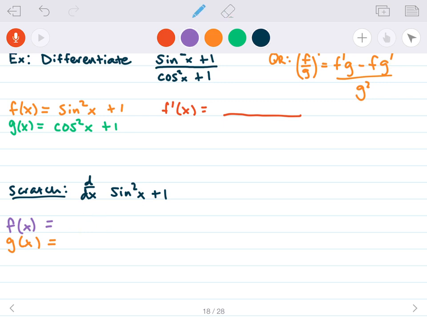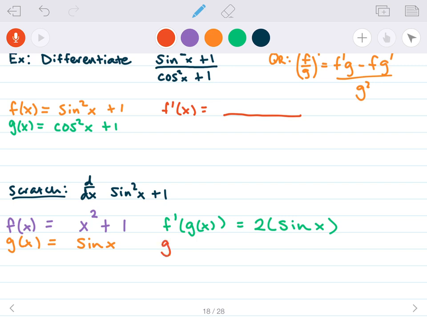You can easily take the derivative of that. And our inner function, what am I plugging in for x to get what I started with? Well, I'm plugging in sine of x. Using the chain rule, f prime of g is just going to give us 2 times sine x, because if I take the derivative of f of x, I get 2x, and then I plug in g for x.